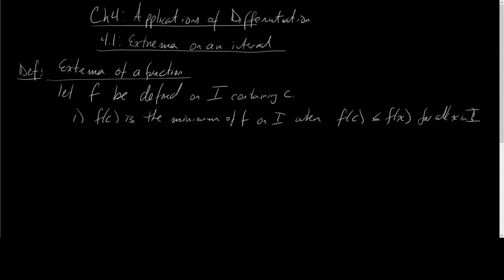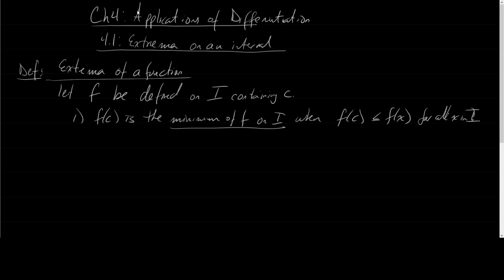It's saying some value is the minimum of the function in an interval when that value is less than or equal to the rest of the function for all x in that interval.